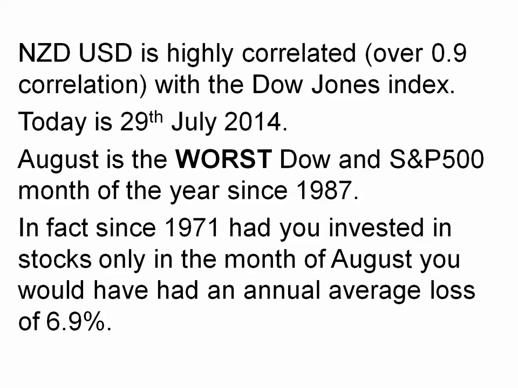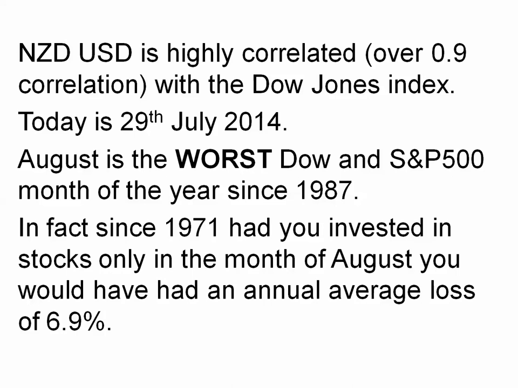In fact, since 1971, just using another date range, had you invested in stocks only in the month of August, you would have had an annual average loss of 6.9%. So August is a very bad month for the Dow and the S&P, both since 1987 and 1971.